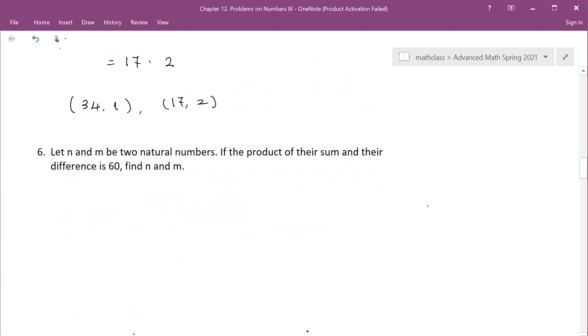All right, so you have two unknowns, two numbers, but only one equation. The product of their sum and their difference is going to be 60. You have to find m and n, but only one equation with two variables.